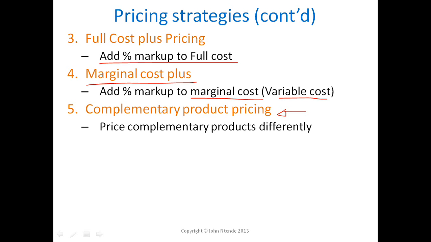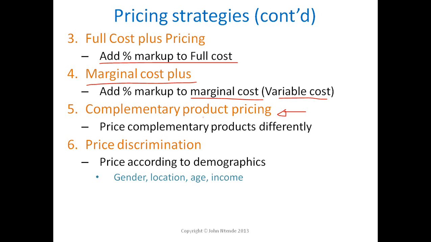For instance, you may give out a free toothbrush, but then charge a high price for the toothpaste. So the idea is to charge different prices for the different complementary products so that you're able to sell the complete set. So those are complementary products.